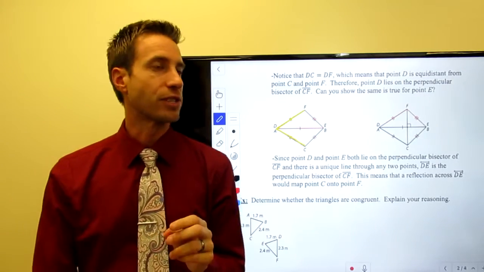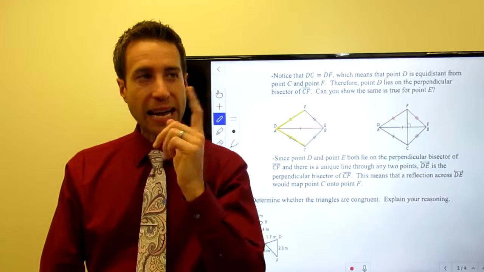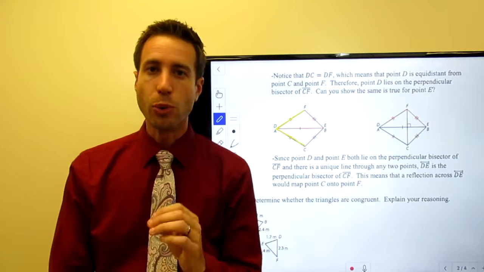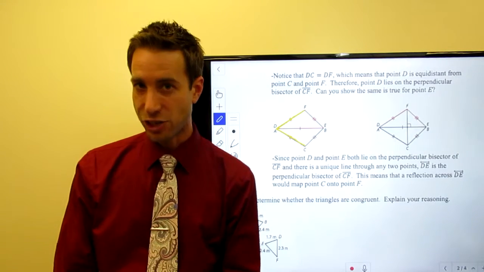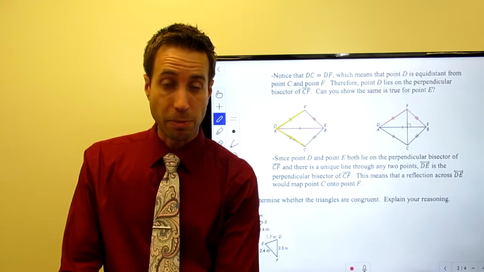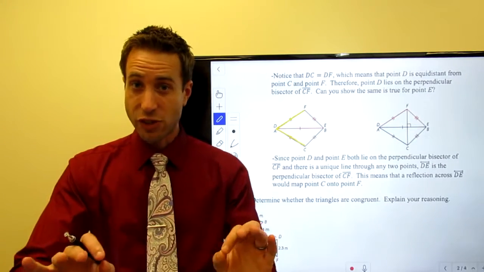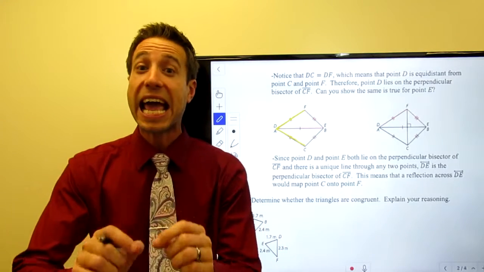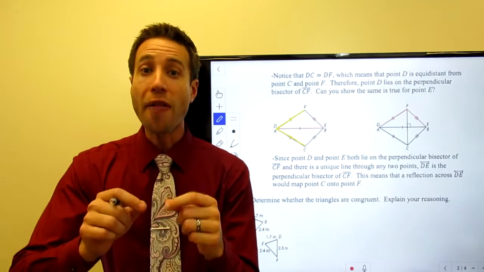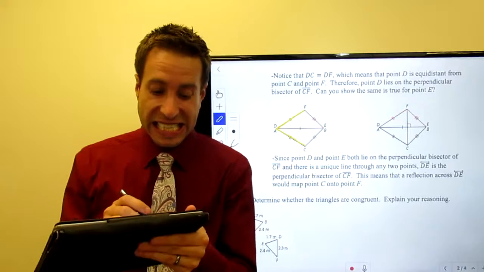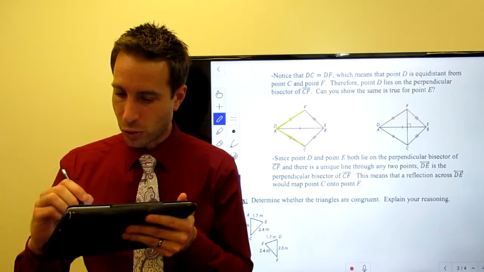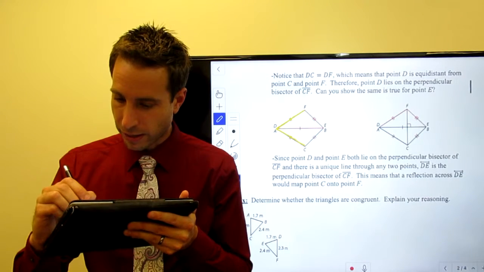Well, guys, think about this for a second. Think back a couple of chapters ago, we talked about the definition of a perpendicular bisector. And here's what we said. We said the definition of a perpendicular bisector is that any point on that bisector is equidistant. Let me draw you a quick little picture right over here.